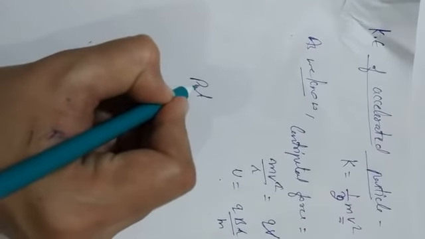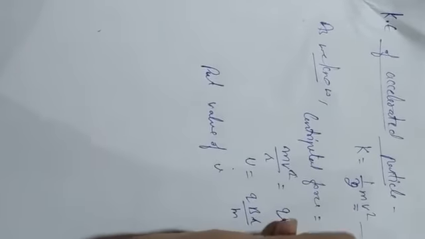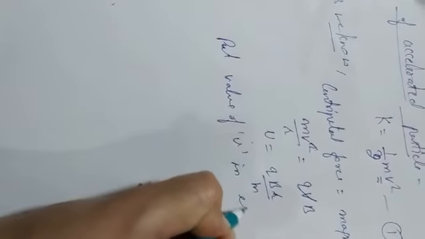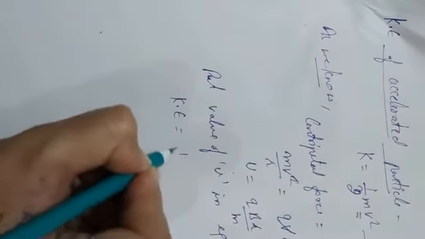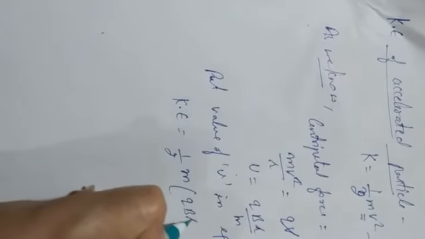Put the value of v in equation first. Then kinetic energy equals half m times (qBr by m) whole square.